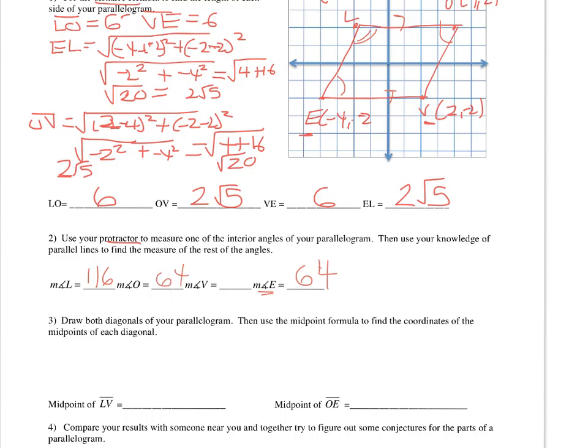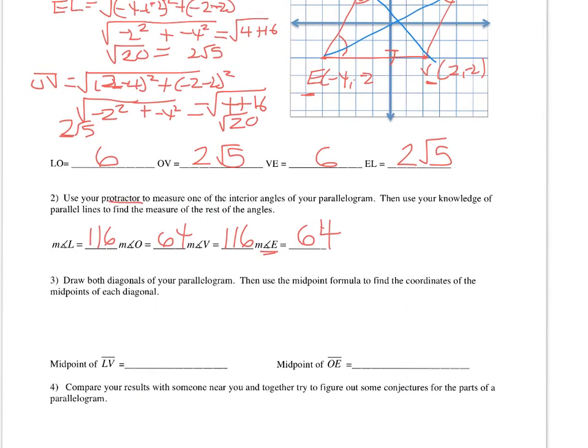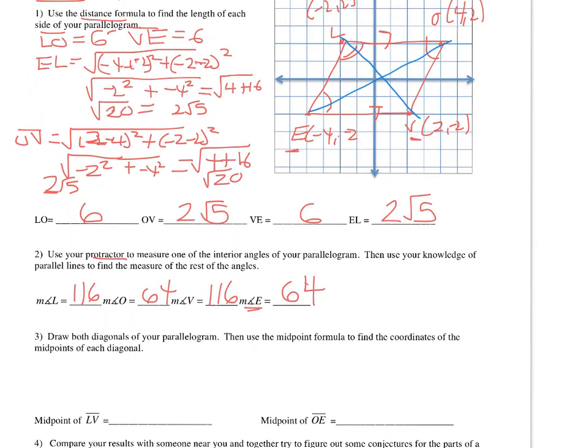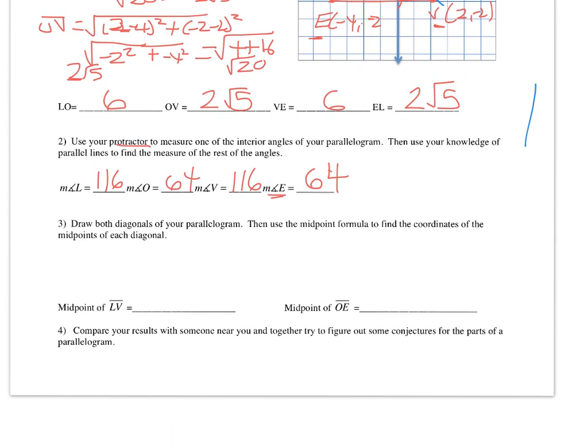Now we can draw diagonals, and we can use a midpoint formula to figure out what the midpoint is. I'm going to call this M in the middle. My drawing's a little bit off. So midpoint formula means I'm going to do the midpoint of LV, which is negative 2, 2 and 2, negative 2.